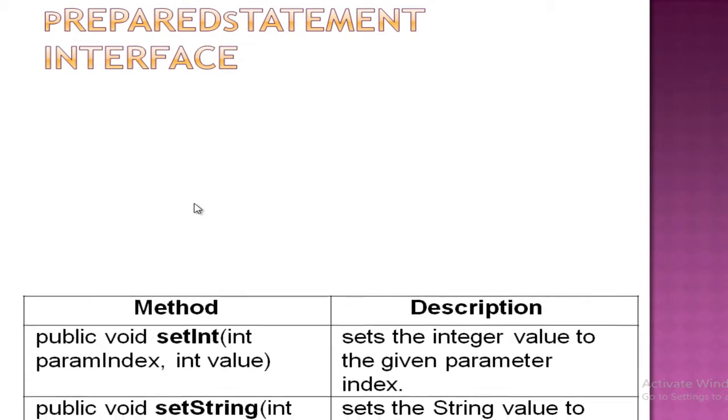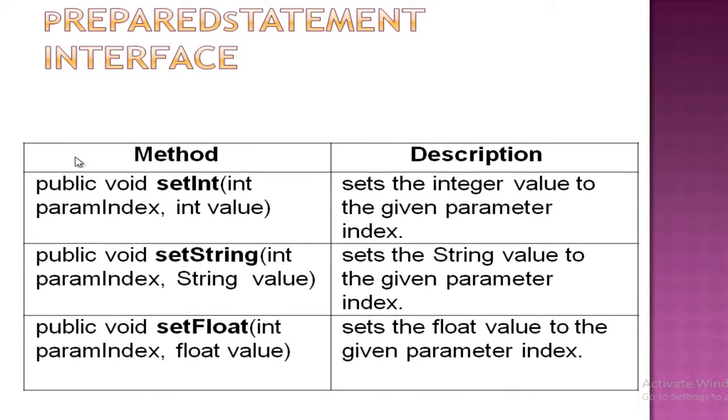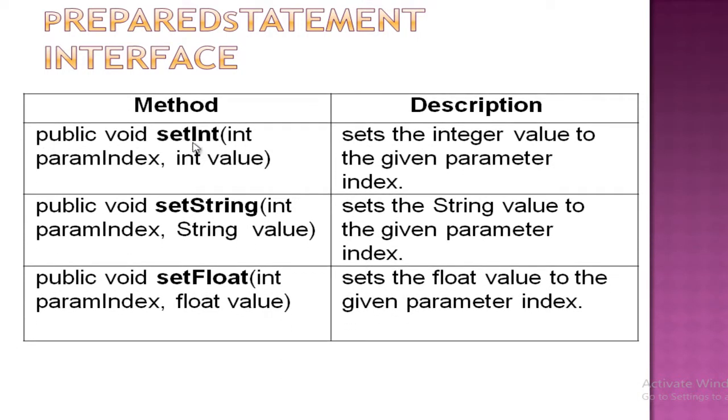These are the methods. Public void setInt(int parameterIndex, int value). Through this method we can set the integer value of the given parameter index. Next, public void setString(int parameterIndex, String value) sets the string value to the given parameter index.